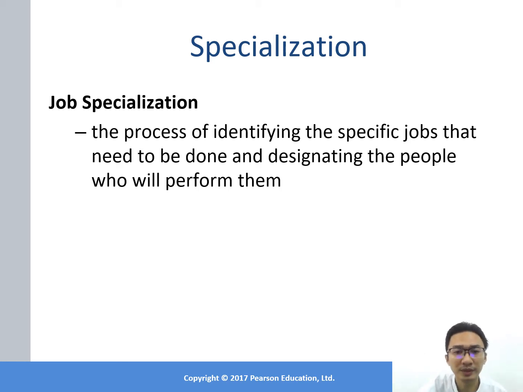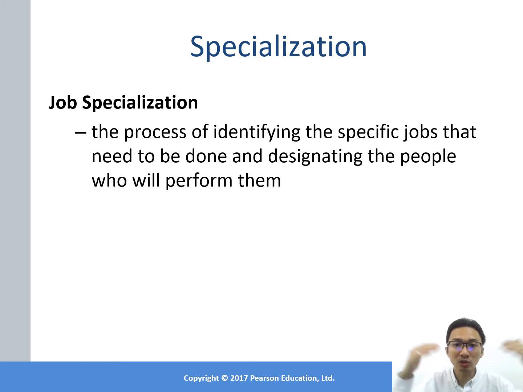Going on to job specialization, just a quick one. If you look at it, BMW, take example, BMW, they have one major job. Their major job is actually to make cars. However, not one person can make a single car. Therefore, the managers need to break it down or what we call as specialize it into smaller jobs. So in smaller companies, however, the owners may perform most or even all the jobs.